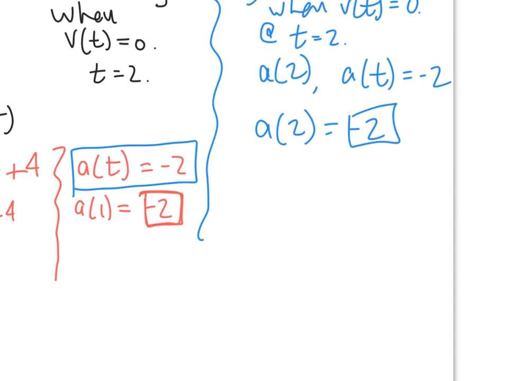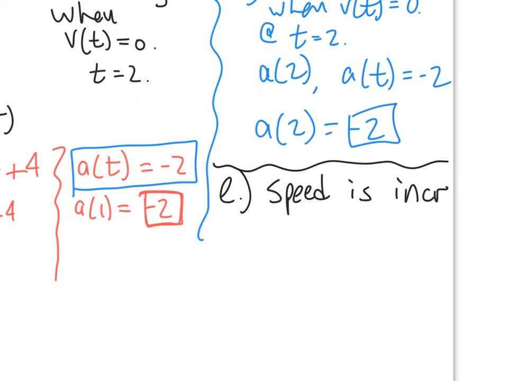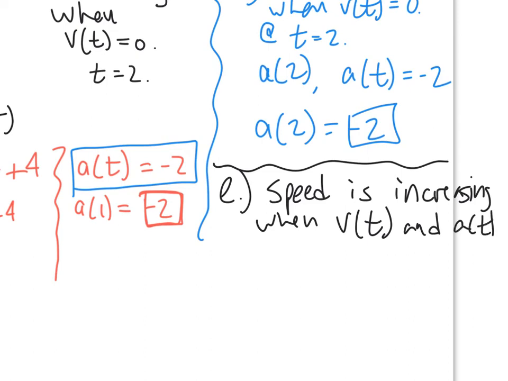Over here in part E, speed is increasing when v of t and a of t have the same sign. We'll talk about that at length in class, but speed is increasing when the velocity and acceleration have the same sign.